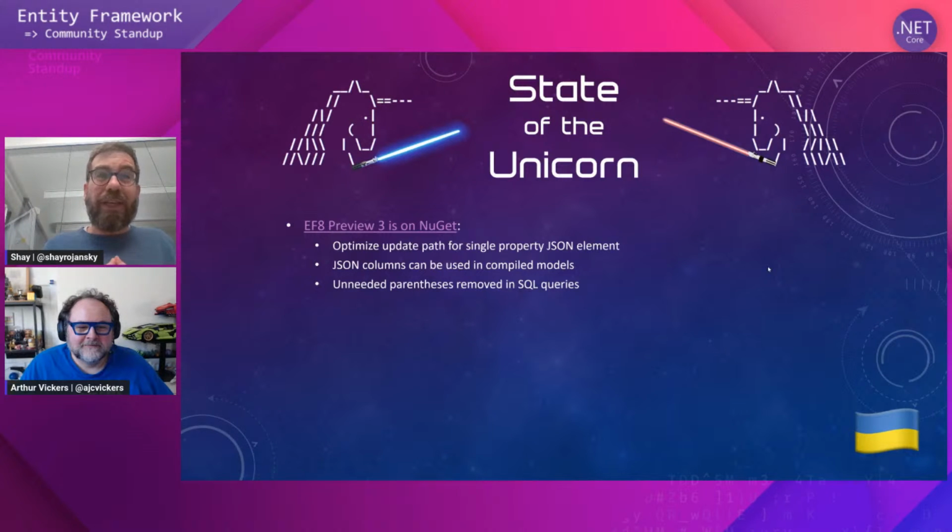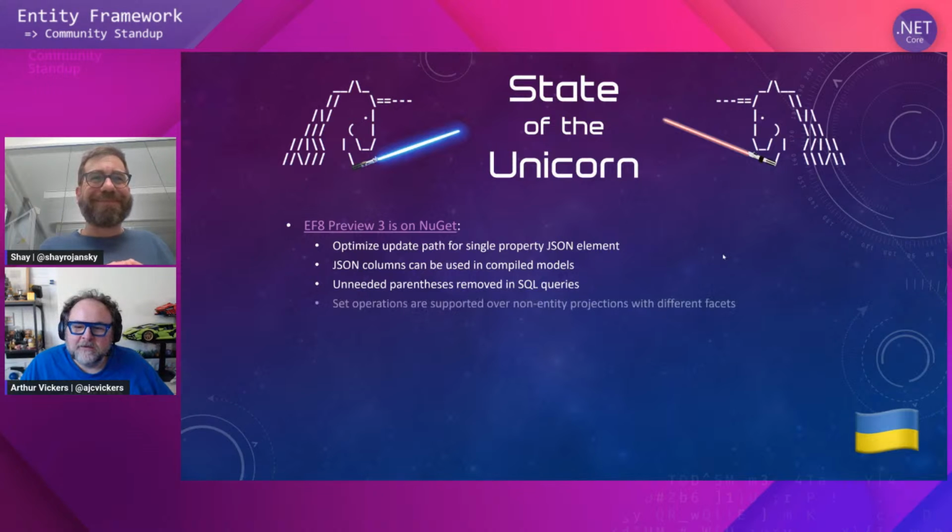We have a goal at EF: we want to generate lovely SQL that all you guys will enjoy looking at and be able to parse and understand as if you yourself wrote it. So this significantly improves the quality of the SQL by putting parentheses exactly where they're needed and not more. So that's that. Good stuff.